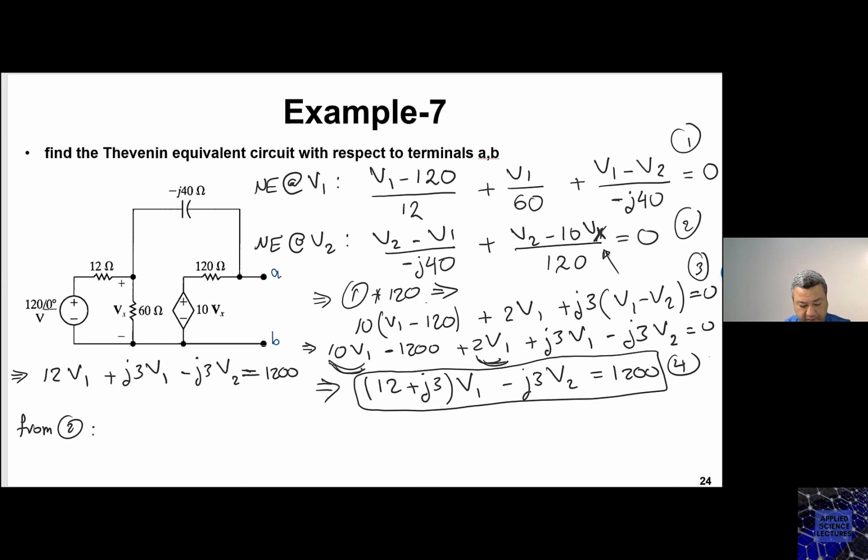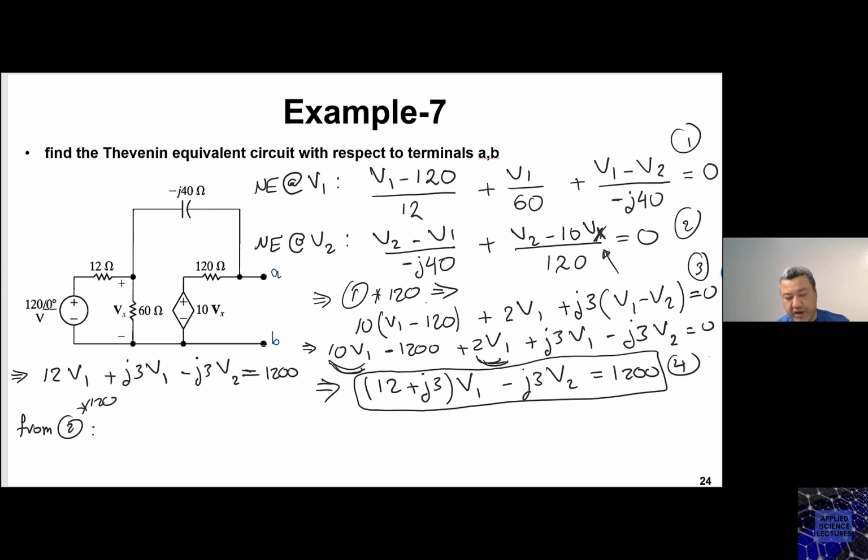I have now V2 minus V1. I can also multiply by 120. So from 2 times 120, what do we get?